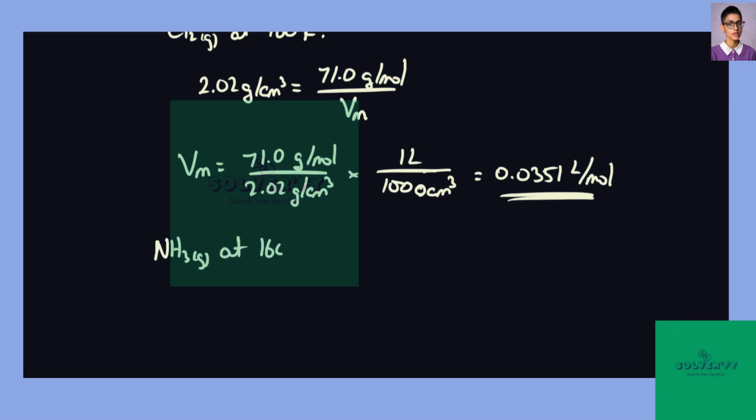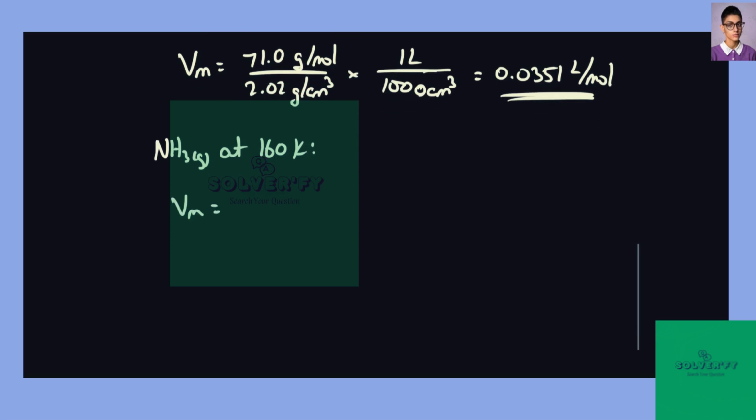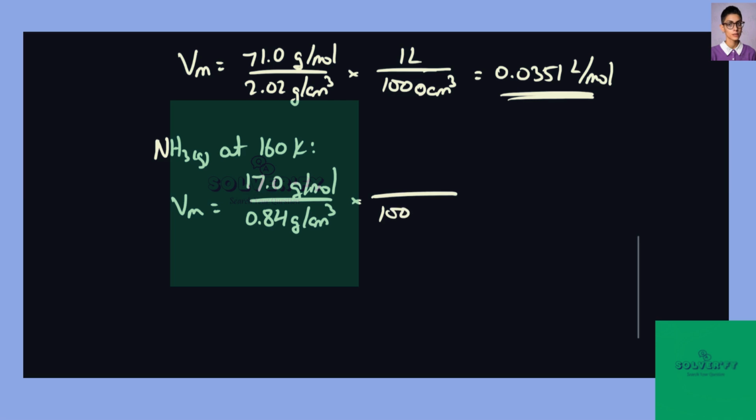Let's calculate the molar volume of NH3 at 160 Kelvin. So using the same formula here, the molar mass is 17.0 grams per mole, and the density given is 0.84 grams per centimeter cubed, 1,000 centimeters cubed in 1 liter.